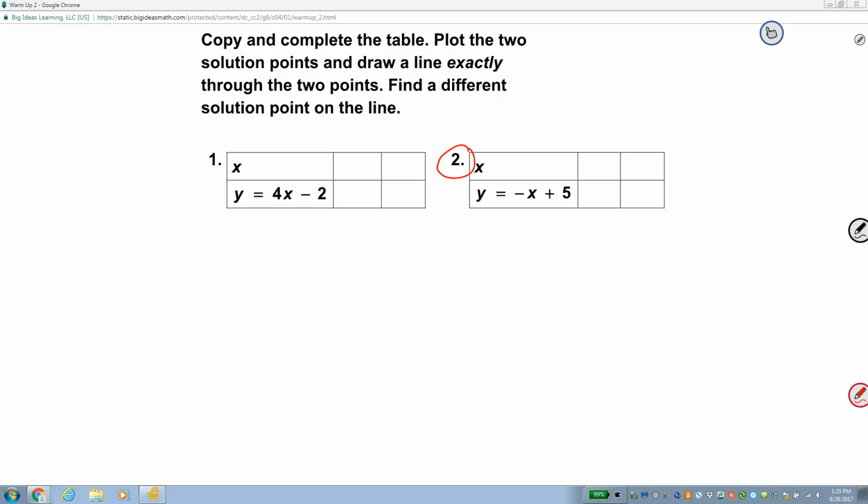So I would like you guys to do what I have here. Do the tables, do the point forms, and then graph it. So this should be on a separate note sheet of paper, which is going to be ripped up and placed in the basket right up here.